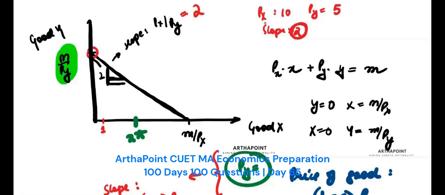So what happens to your slope is it becomes like this, flatter. This is going to be your slope.